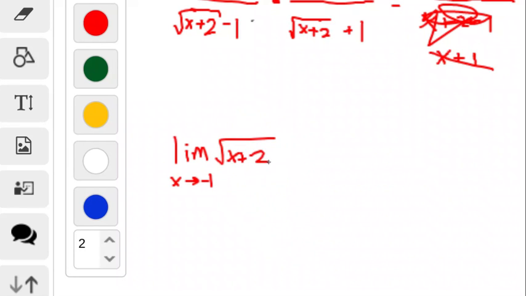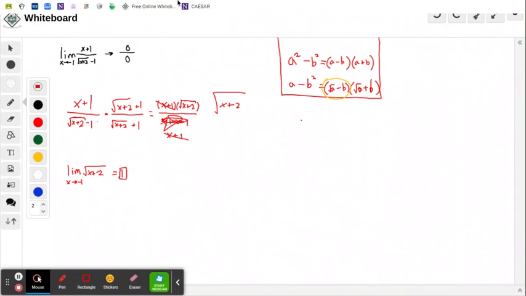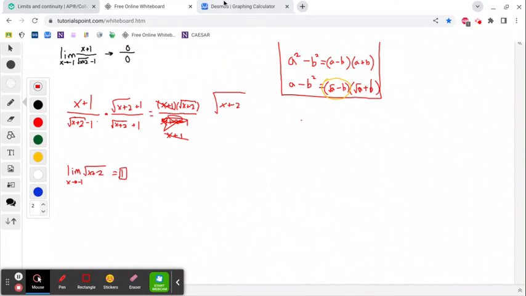And let's just try plugging in negative 1. Well, negative 1 plus 2 is 1, and the square root of 1 is 1. And again, by going to Desmos or any other graphing calculator, I like Desmos, we can check our answer.